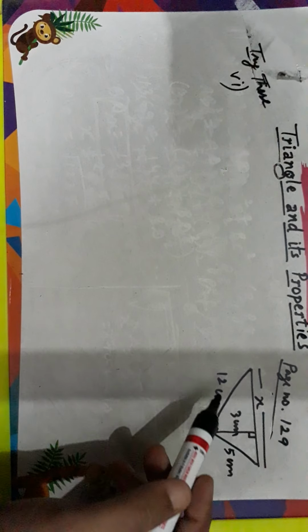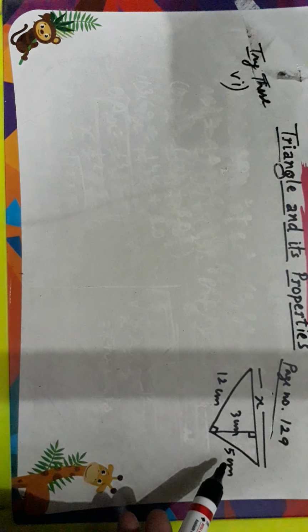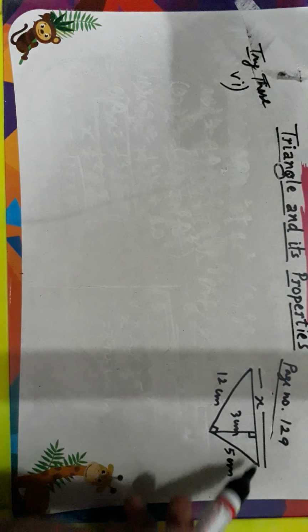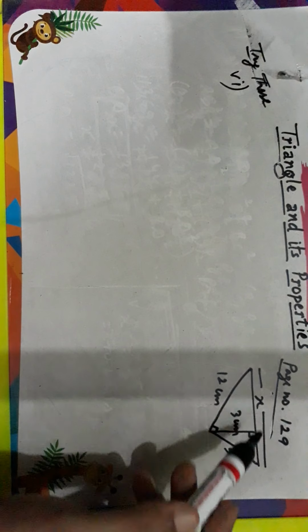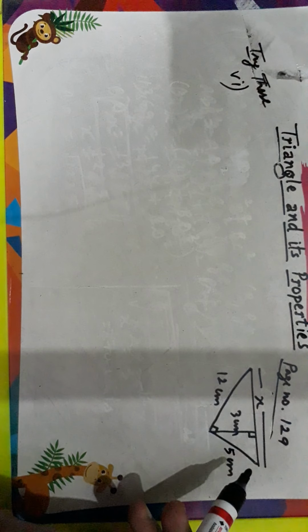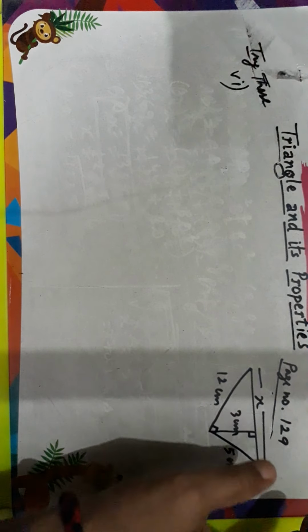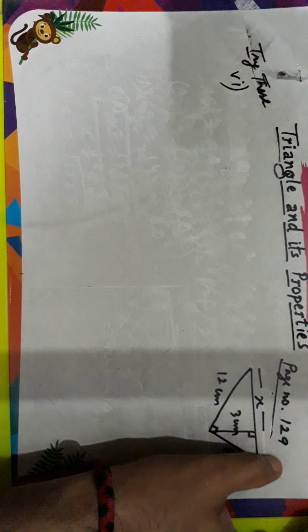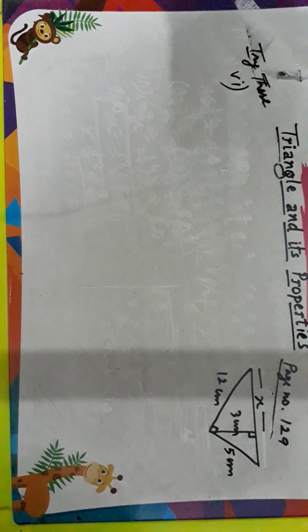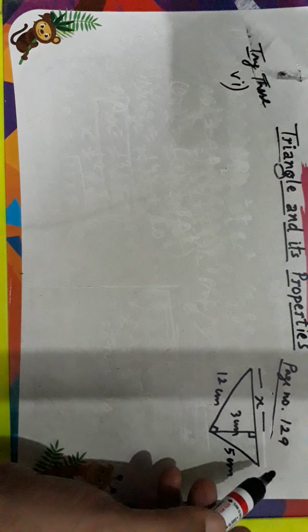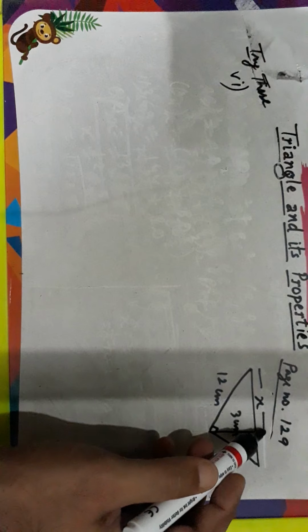You can easily find 144 plus 25, 169, and that way the value of X will be 13 centimeter. But what if the extent of X is only this much? Let us solve this question in both ways.